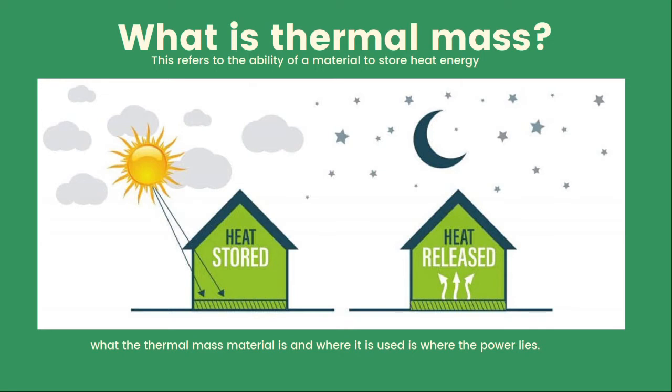And where it's used is also an important factor, because if the thermal mass element is put in a place where the sun is not shining or heat is not being emitted onto it, then it is not going to store the heat and then not release any heat into a specific place that can be of use to the people within that space. And so those are really important things to note with thermal mass: the material that's used and of course where it is actually positioned.